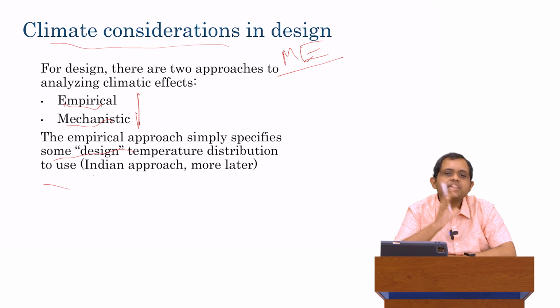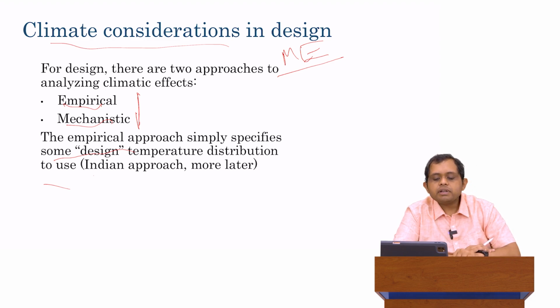In another part of the country, this is the typical temperature distribution. For a particular season, this is the temperature distribution. During the morning, this is the typical distribution. During the evening, this is the typical distribution. So the empirical approach is to actually go out, collect all this data, and supply some so-called typical values of these temperature distributions. That's the empirical approach.